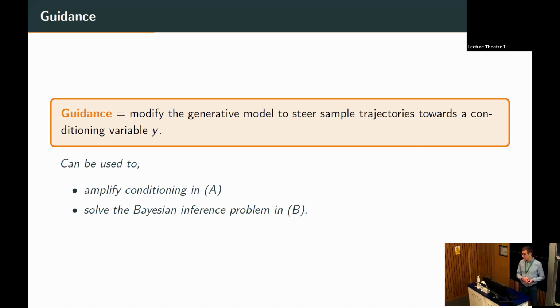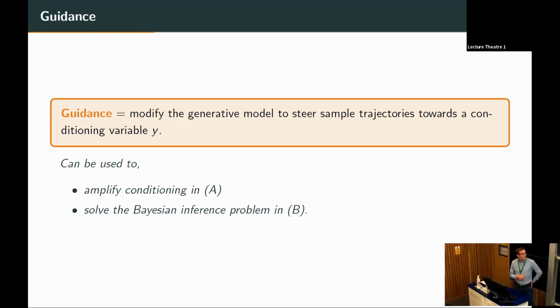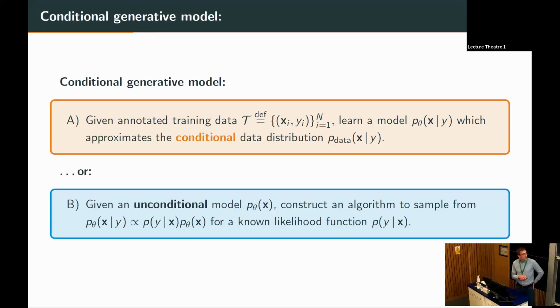This is used quite a lot in these models, both for the first setting, in order to amplify the effect of the conditioning variable, but also in order to solve this Bayesian inference problem in the second formulation.